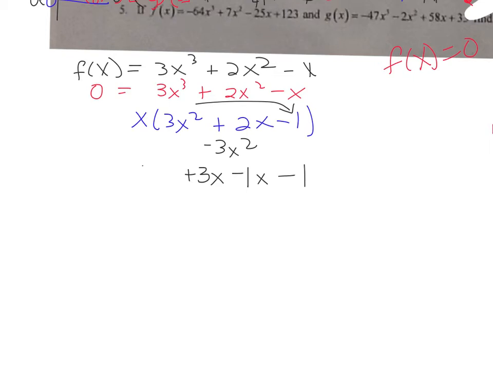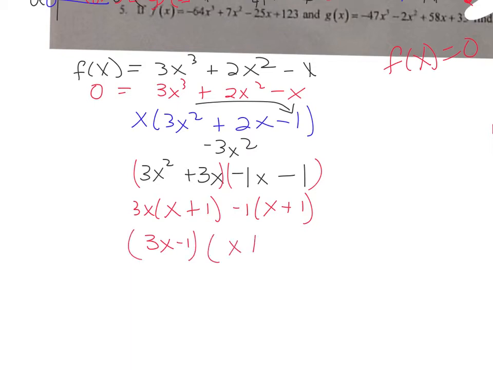Bring down the front and the end, and then we'll factor by grouping. So I have GCF is 3x times x plus 1. GCF is negative 1 times x plus 1. So my factors are 3x minus 1 and x plus 1. And don't forget to bring down this x from the beginning. All right, and this equals 0. Okay, so that's the factored form.